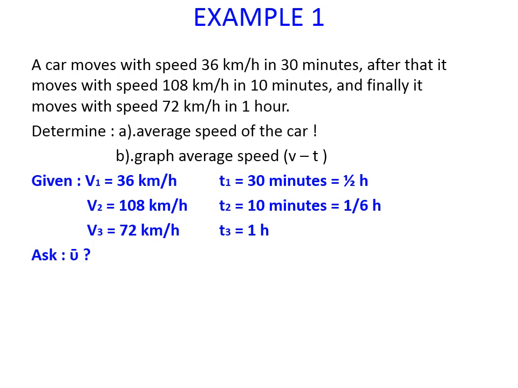For average speed, average speed equals S total per T total.